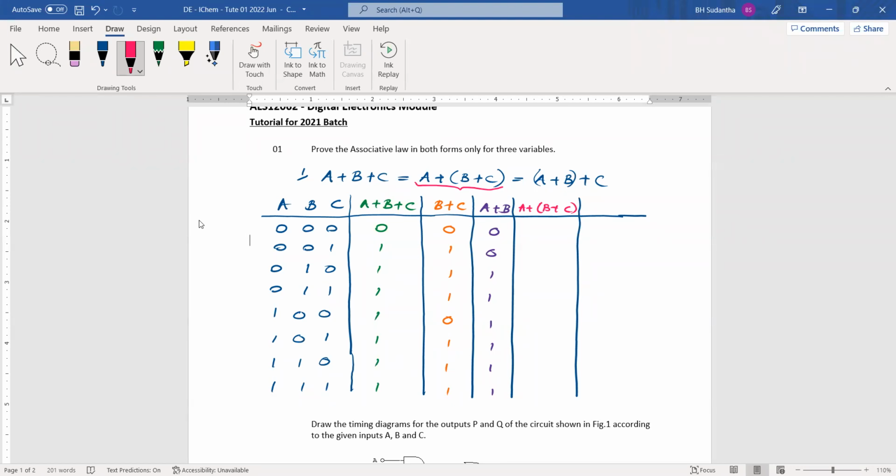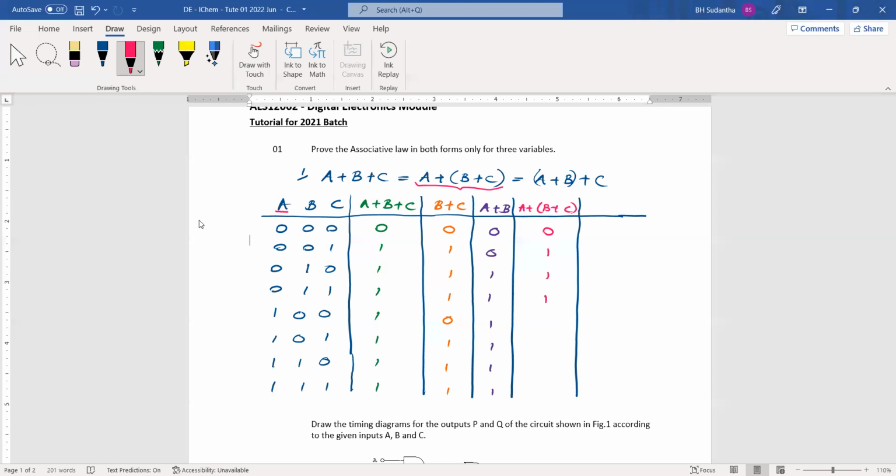We have to take the OR operation between this B plus C and this A. Okay. And this one, when we take OR between this one, this is 0. Here it's 1, 1, 1.